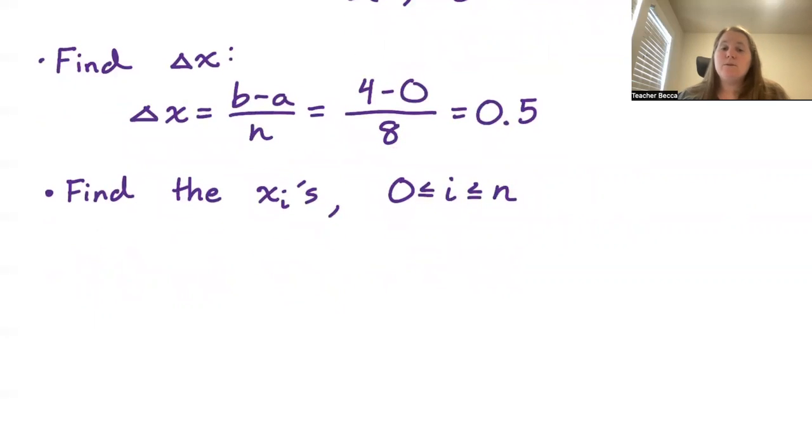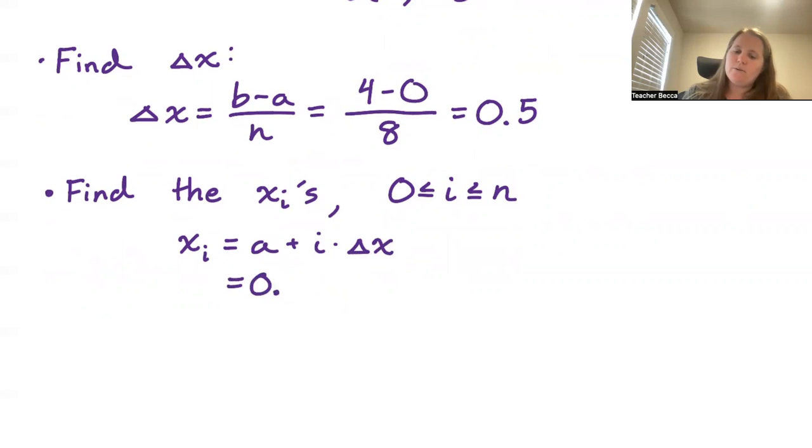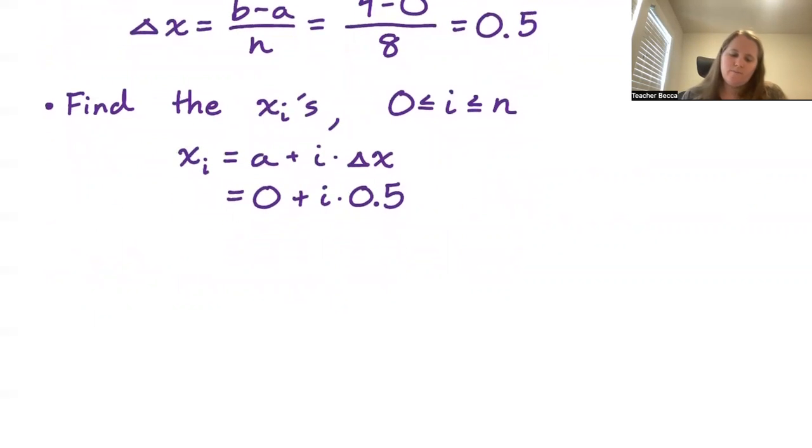So we're going from 0 to 8. In our formula, x sub i is a plus i times delta x, or, sorry, a was 0, plus i times 0.5. So essentially each additional x sub i, we're just adding on another copy of 0.5.